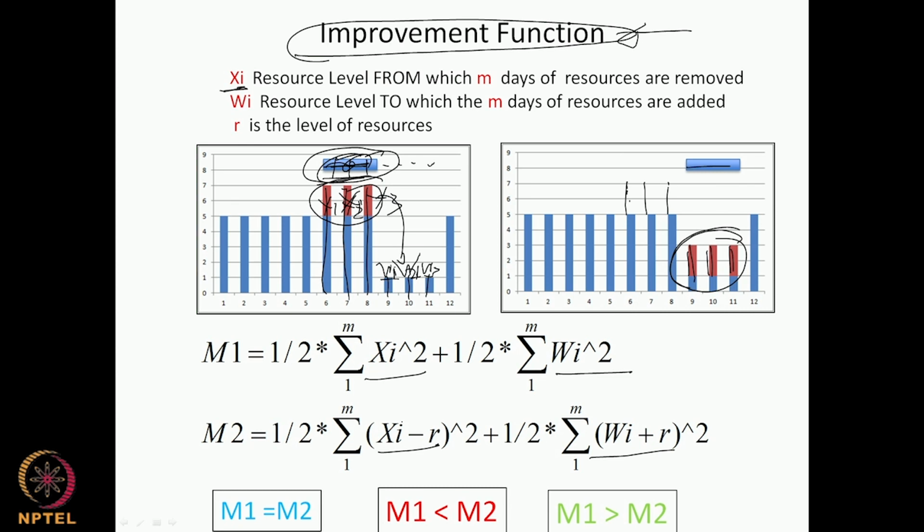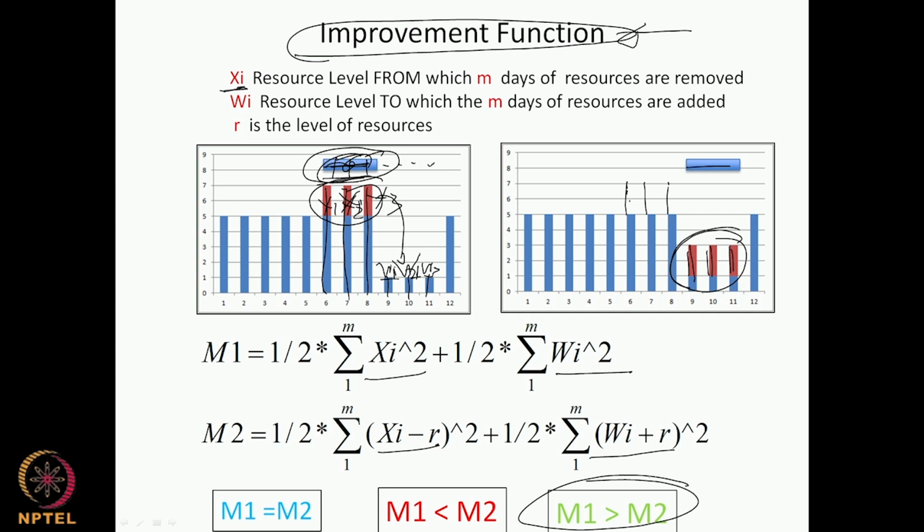Or we could have that before the shift the moment was more than after the shift. So which of these would you want to happen if you were going to actually do the shift? If my moment before the shift was greater and after the shift it is less, this is the kind of sign I am looking for in order to make the shift of the activity.